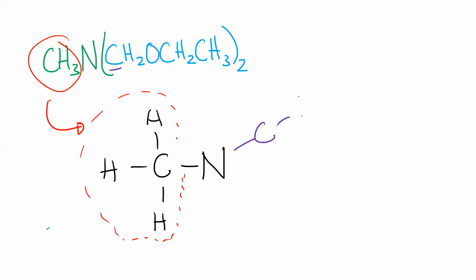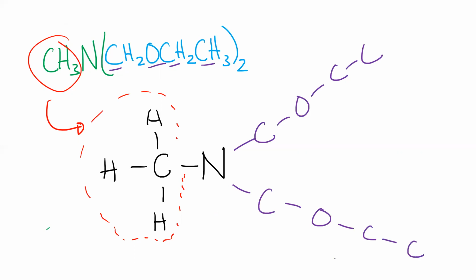Carbon, oxygen, carbon, and then finally 1 more carbon, like so. Okay. And then coming off that, there's another chain that looks like that. Carbon, oxygen, carbon, carbon. That's how I'm going to start. So I can show you guys there's two chains that look identical. And that's why you've got the subscript outside these parentheses. There's two of those. Okay.